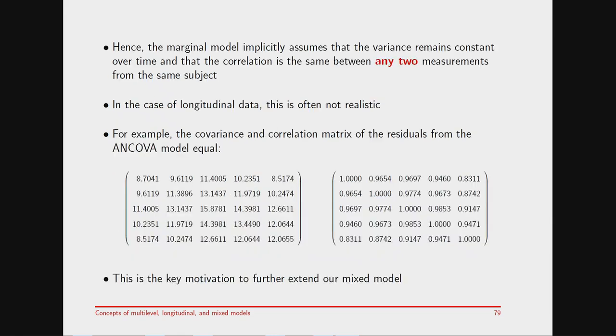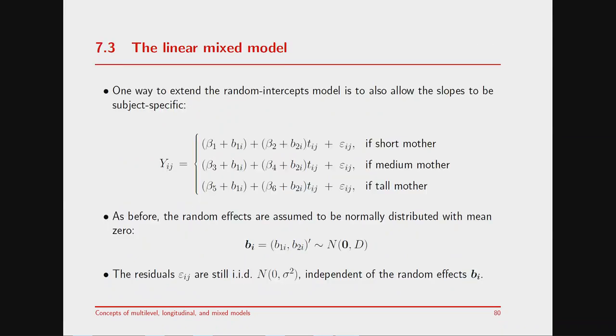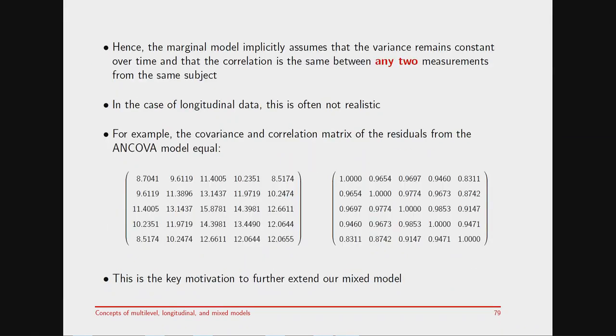So what we need to do is, well, I was a little bit too quick, but if you just look at the observed covariance matrix and the observed correlation matrix for the growth curves, then you see that the variance is not constant in your data.